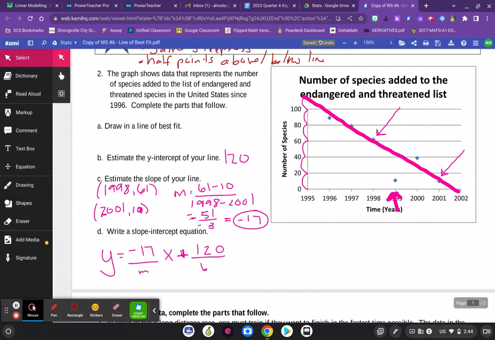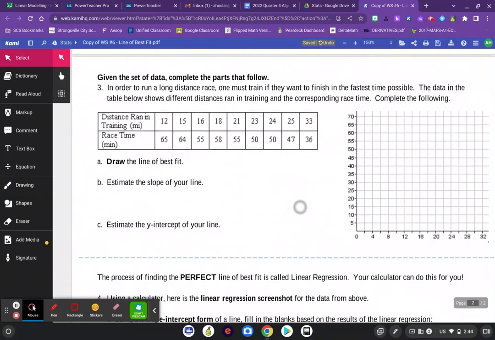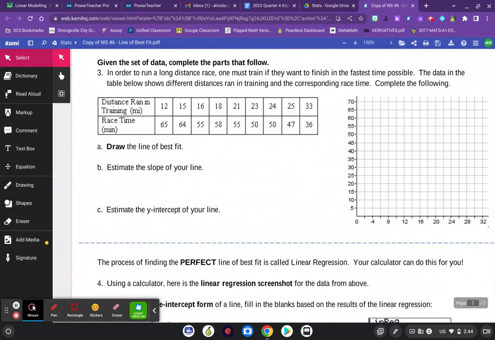All right, let's go ahead and take a look at the back page. Here on the back page in problem 3, in your packet, or what was given in class, the points are already plotted for you.